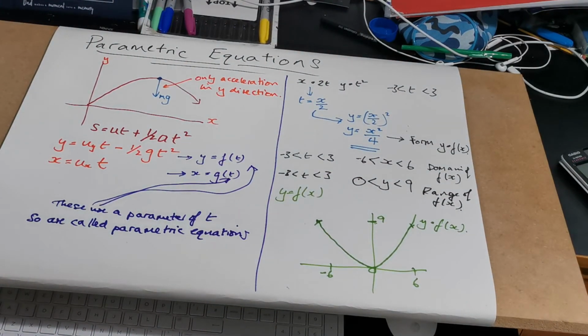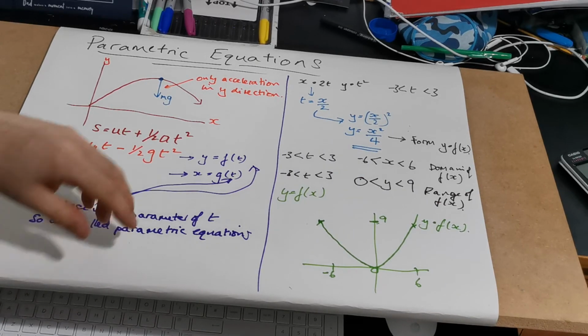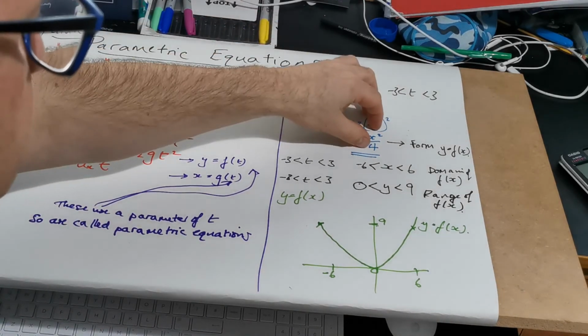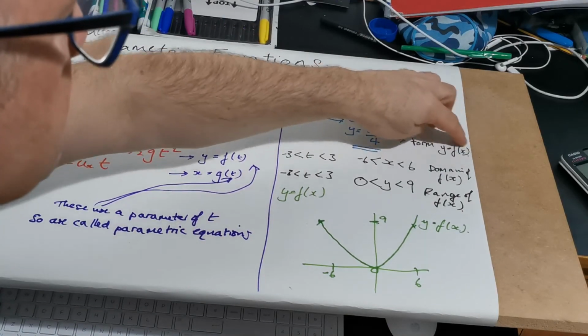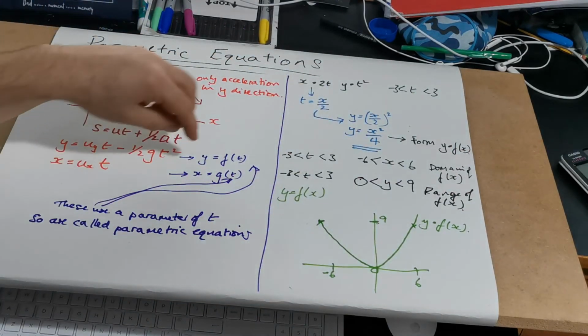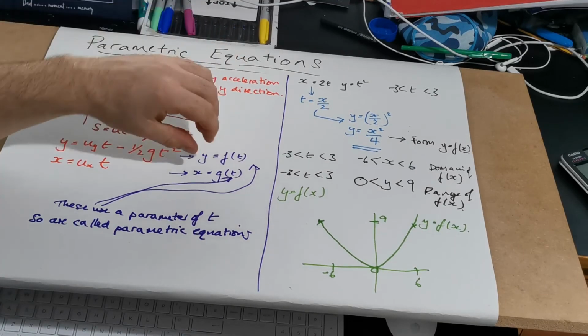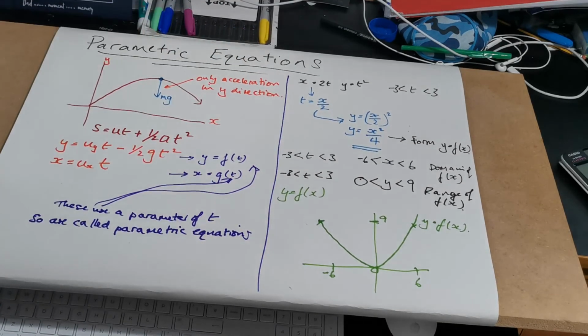So, key things. You change a parametric form to a Cartesian form by using a substitution. The Cartesian form is the y equals f(x). Previously we got y equals one function of t and x equals a different function of t.